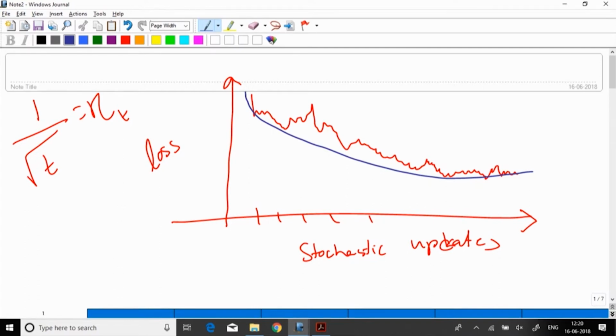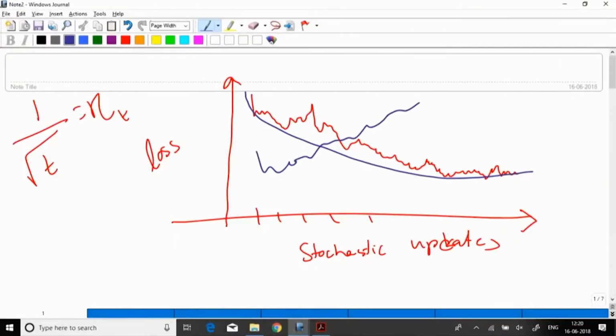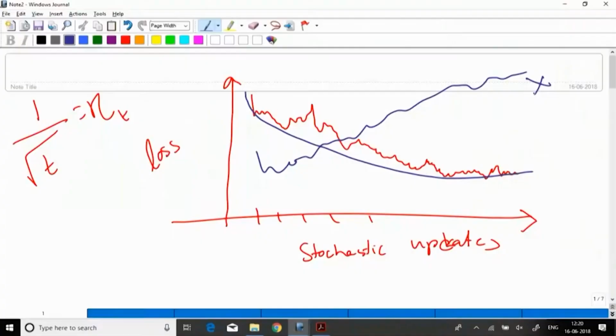There will be very poor runs where you will see something like this, but the chance of such a run coming up in a simulation is very low. So this will almost never happen. Almost always you will see something like this red loss.